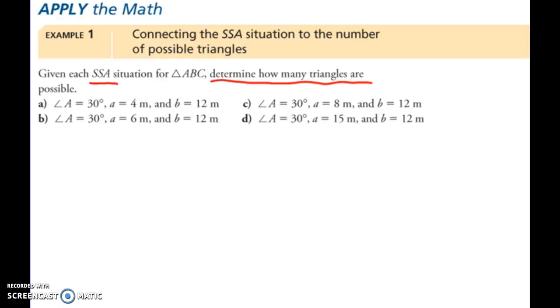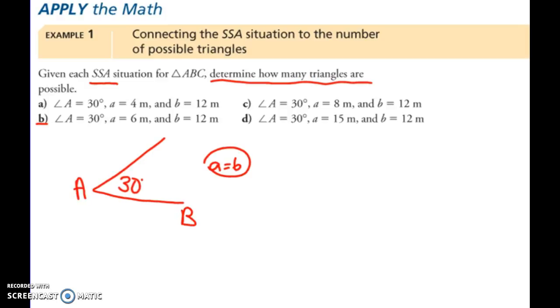If we were doing B and we had again a 30-degree angle, we had our side length a of 6. I'm just going to put it there to keep it in our thoughts. And then our opposite side, b, would be 12.